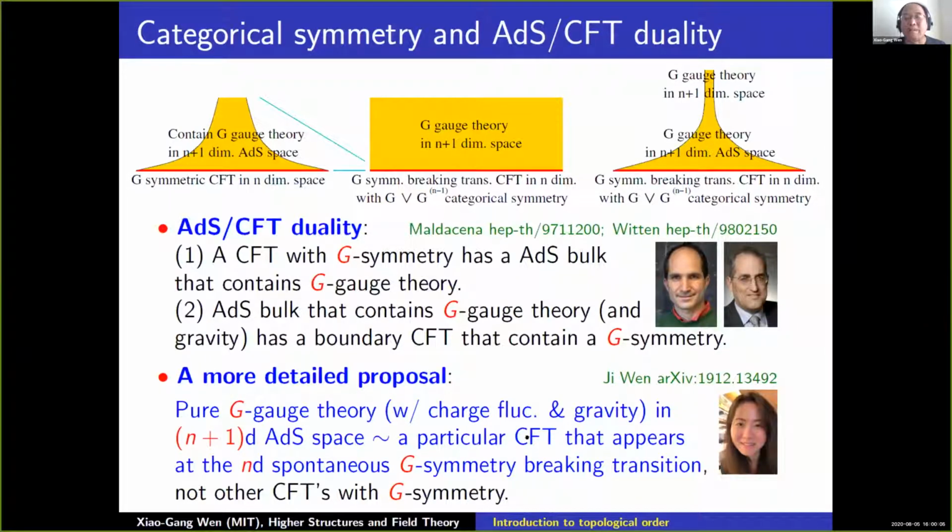This boundary CFT will be the CFT describing the G symmetry breaking transition. So the pure gauge theory corresponds to this G symmetry breaking CFT, and the reverse is also true: the symmetry breaking CFT at the boundary corresponds to pure gauge theory in the bulk.